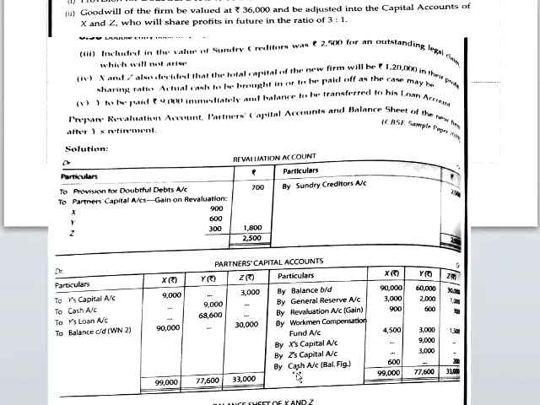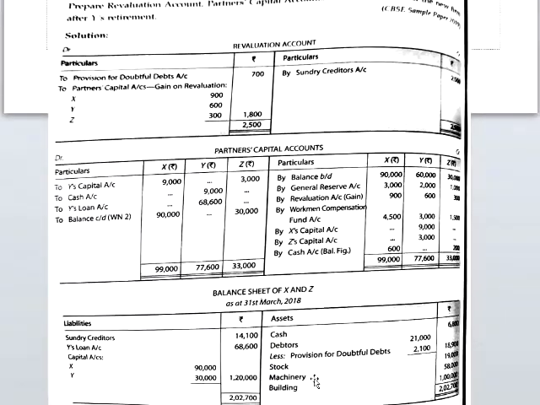So this is shown by the cash account. See here, I think you got it. First you write this calculated amount and then you find out the difference, and this balancing figure you just denote by cash account. Clear? Now move to the balance sheet.